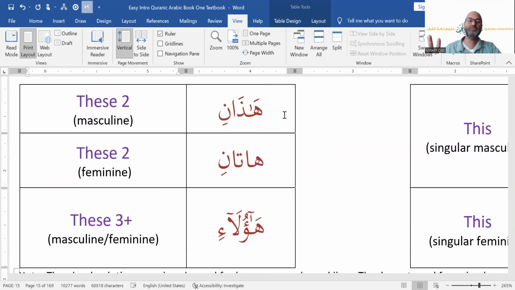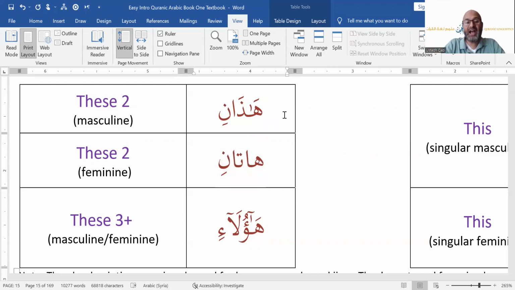If I'm pointing at 2 things or 2 boys or 2 men, I say hadhani, assuming the things are masculine. If I'm pointing at 2 things that are feminine or 2 girls or 2 women, I say hatani, which is these 2 for feminine. But if it's mixed, male and female, then I go with hadhani, because hatani is reserved exclusively for 2 females.